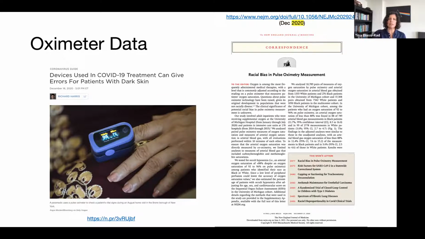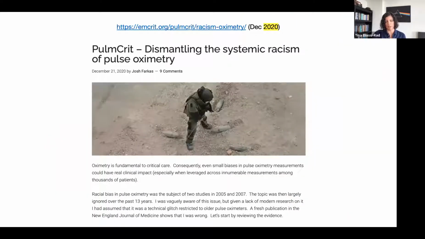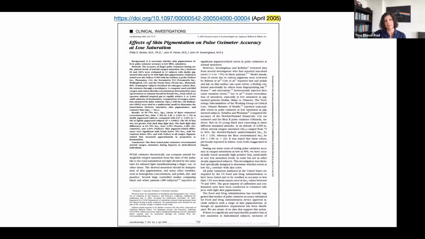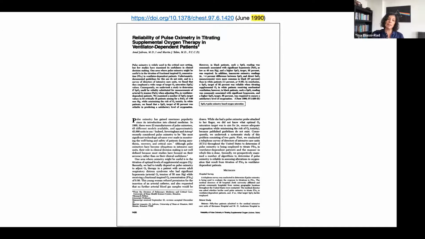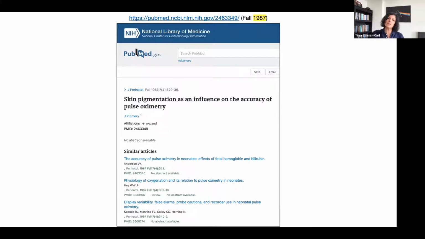Now, if you do just a little bit of research, you will find out that this problem that was highlighted in 2020 was known in 2005 and 2007, and people wrote about it. And then if you look at that paper in 2005, you see that people in 1992 knew about it. Then you would see that people in 1990 knew about it. Then you see that people back in 1987 knew about it. Just imagine all the data on oximeters that have been collected and that have been fed into machine learning models for medicine that are using this data, right?